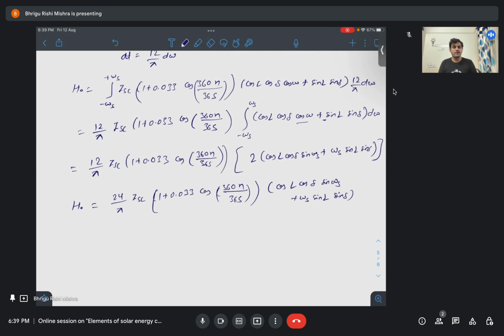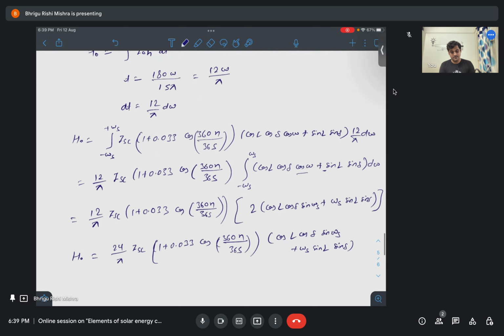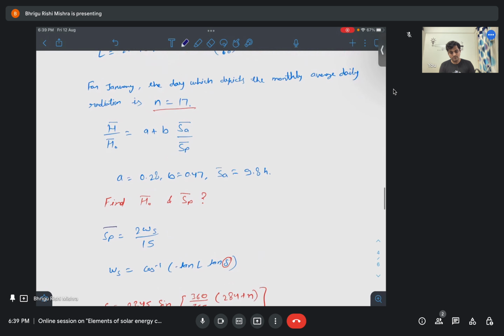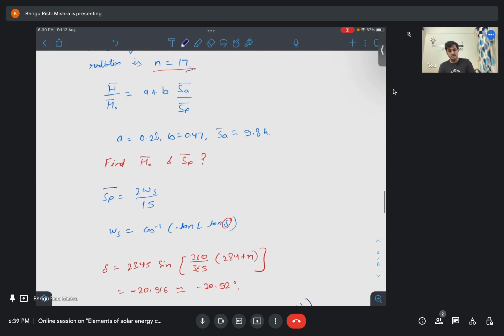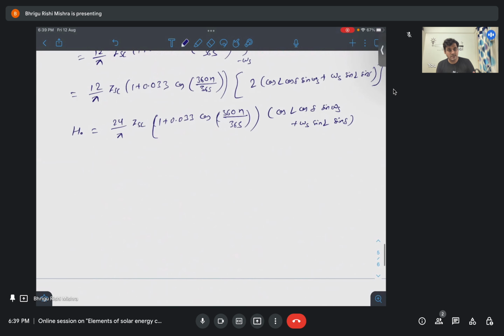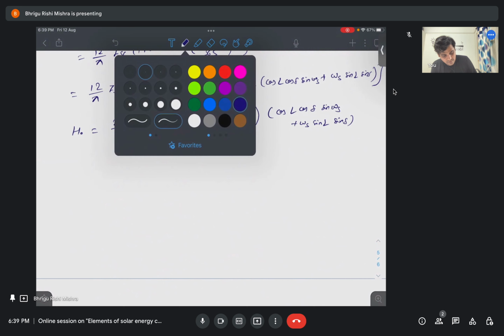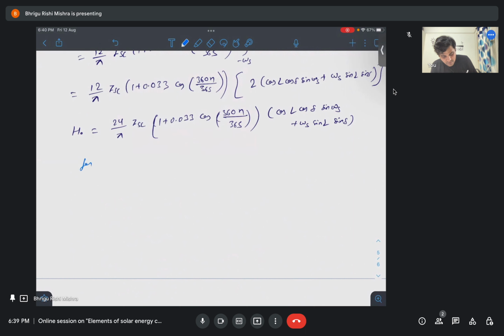Now for n equals 17, this H naught bar will represent the monthly average for the month of January.